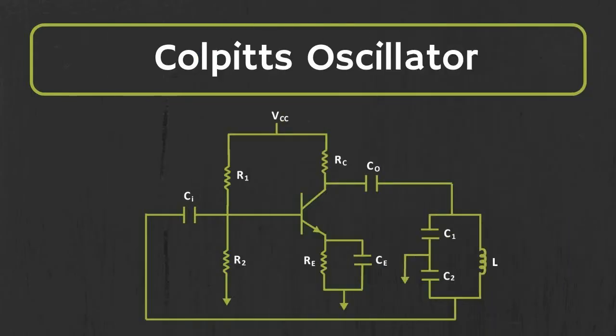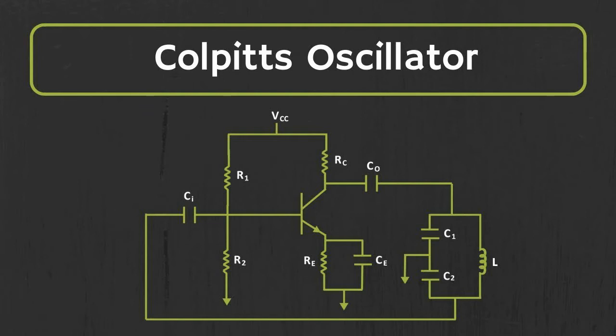The Colpitts oscillator theory. It consists of a tank circuit, which is an LC resonance sub-circuit made of two series capacitors connected in parallel to an inductor, and the frequency of oscillations can be determined by using the values of the capacitors and inductor of the tank circuit. The oscillator is almost similar to the Hartley oscillator in all aspects.